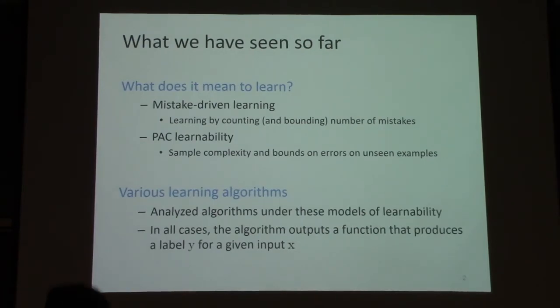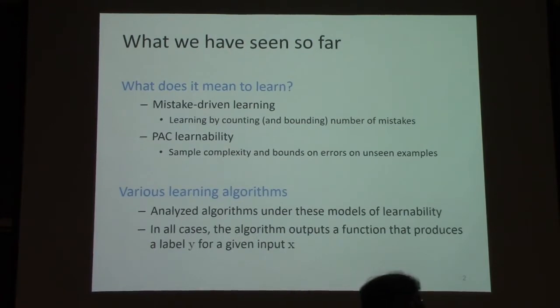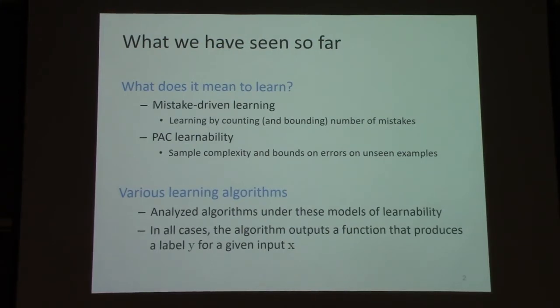Throughout the semester, we've been asking the same question multiple times. What does it mean to learn? Different ways of answering this question give you different learning algorithms, different ways of quantifying and formalizing learning. The first thing that we saw was online learning, specifically mistake-bound learning.